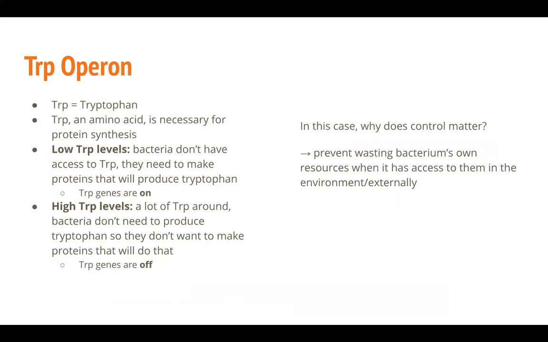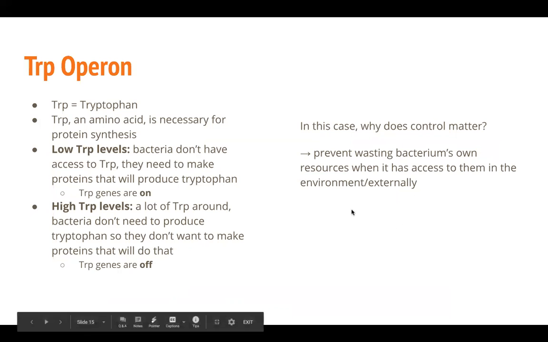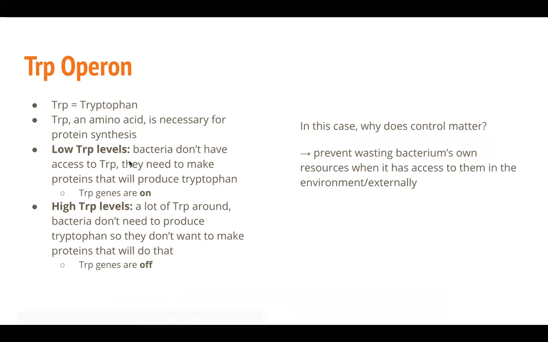The short summary is that low tryptophan levels means that the bacteria don't have access to tryptophan, so they need to make proteins through transcription, translation, the whole central dogma process to make more tryptophan. So this means that the trp genes are on, and the trp operon will go through with transcription.